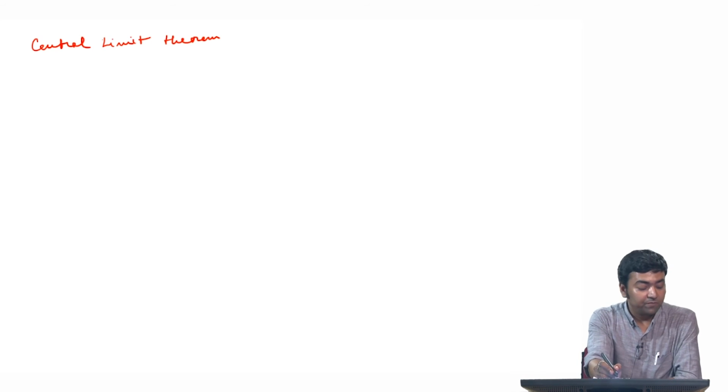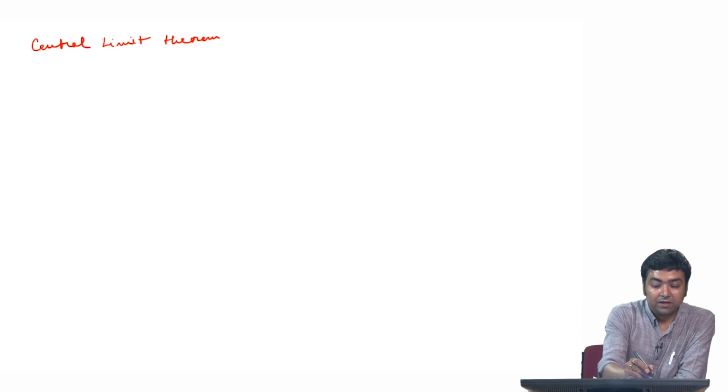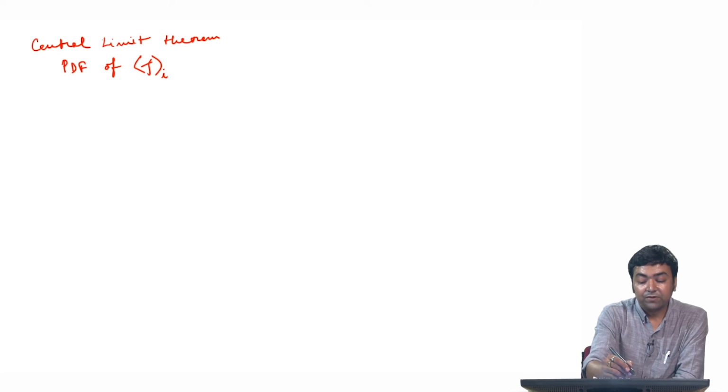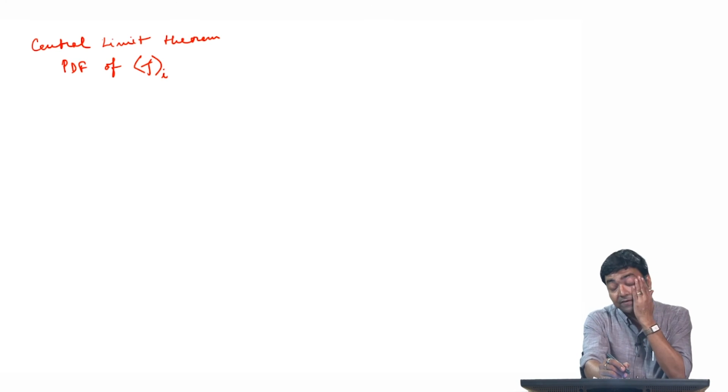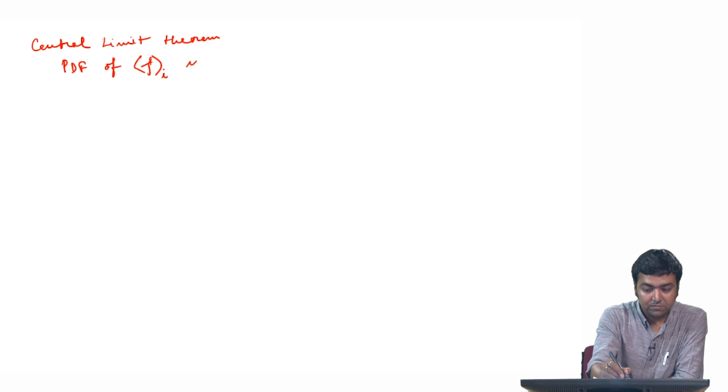It tells us that the probability distribution function of the average values of f, taken from n independent measurements, is a normal distribution.